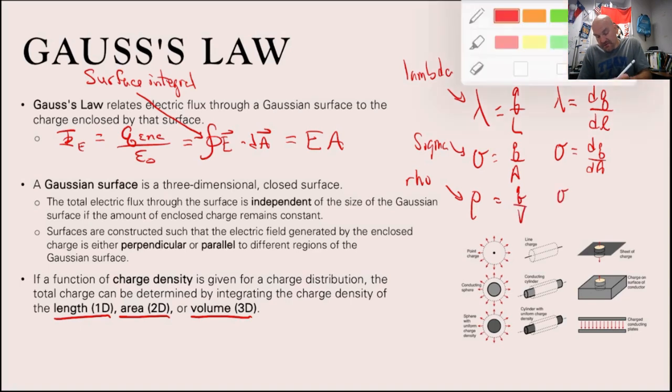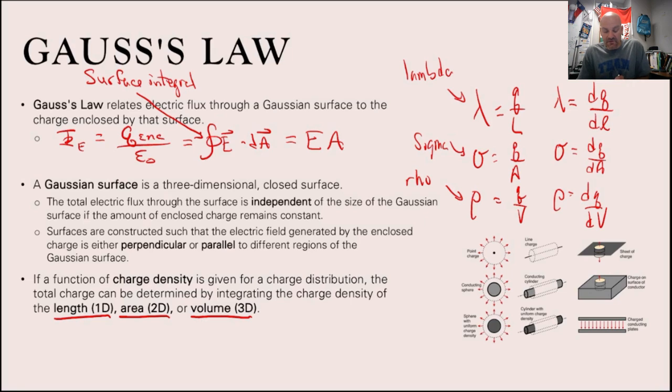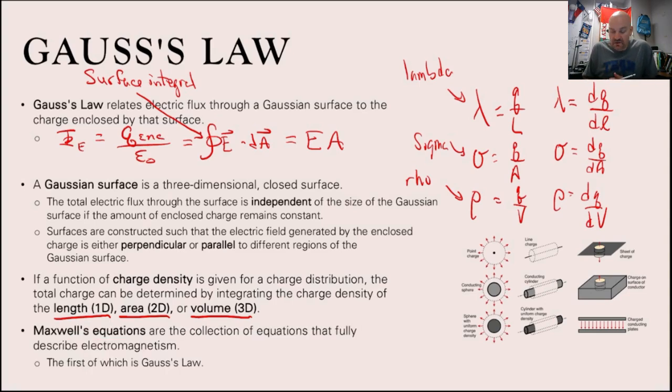You would end up with rho equals dq over dV, not sigma, that's two-dimensional. That's where you get your integrals from, okay? And as long as this stuff is constant, like I said, you can pull it out and so forth.